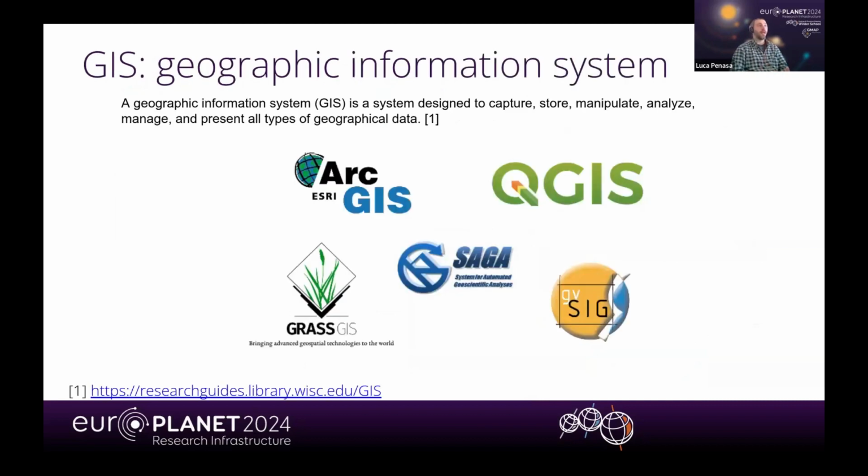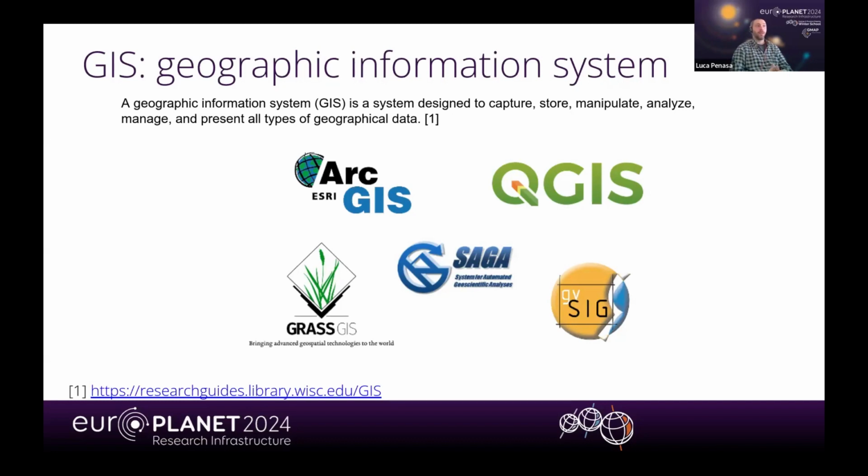Okay, so GIS, Geographical Information Systems, they are software. Some of them have, let's say, a graphical interface you can interact with. We will be using QGIS for the exercise, but there are many others.